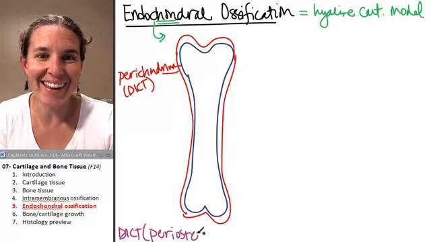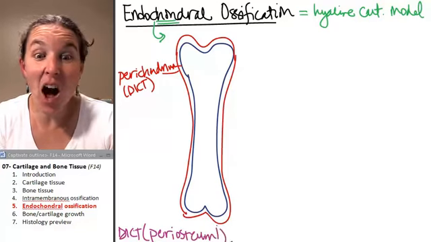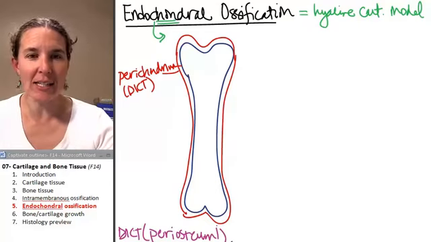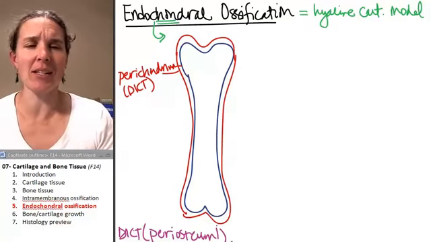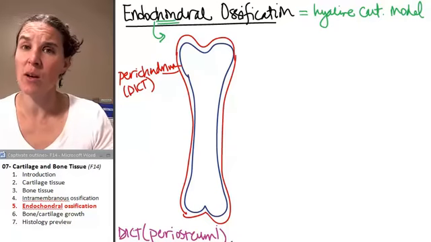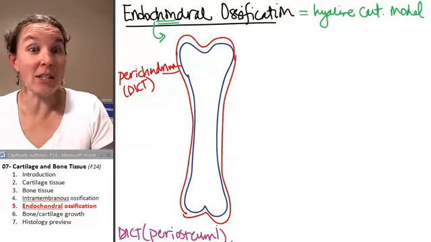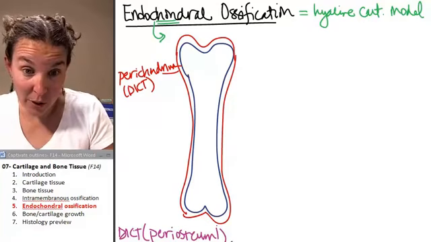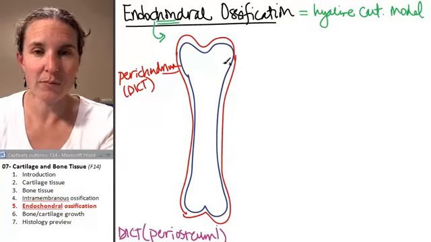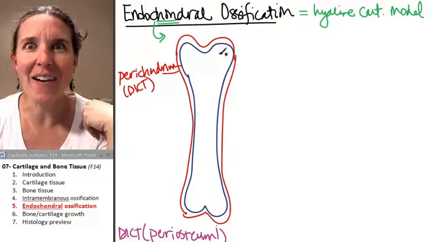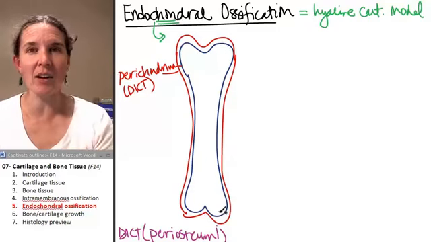Did you get it? It's the periosteum. That makes perfect sense. The perichondrium is dense, irregular connective tissue that surrounds cartilage. The periosteum, dense, irregular connective tissue that surrounds bone. So what was this again? Perichondrium, because it's surrounding a hyaline cartilage model.